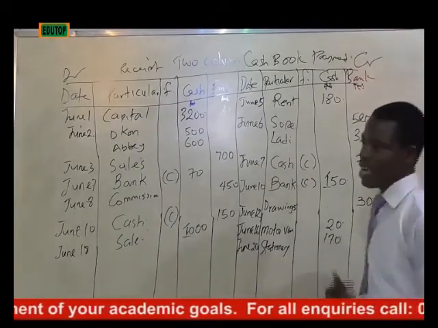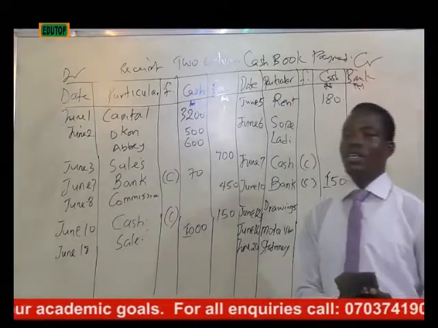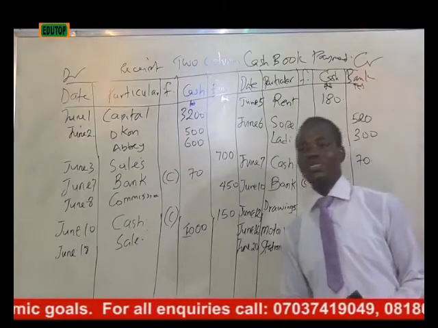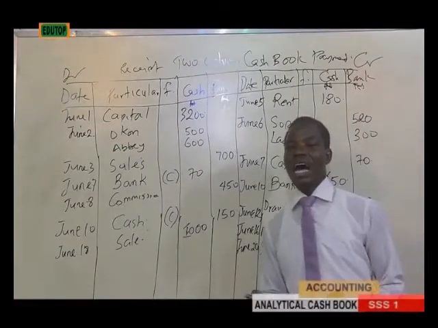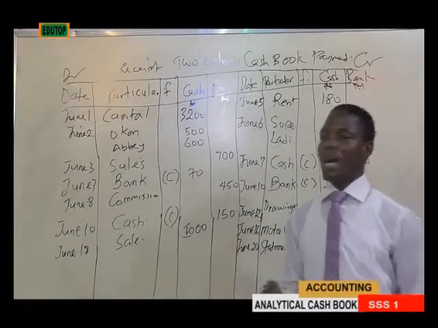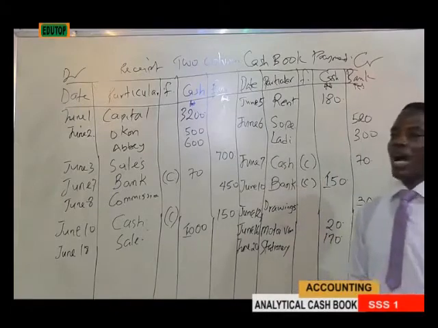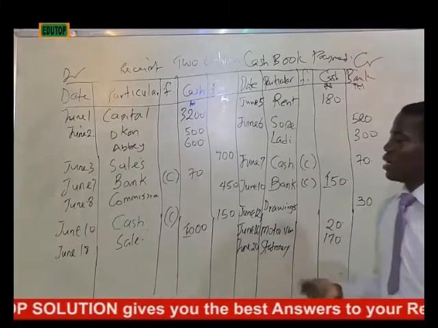So you can see that those items that were transacted in cash are put in the cash column, and those that are done in the bank with checks are put in the bank column.